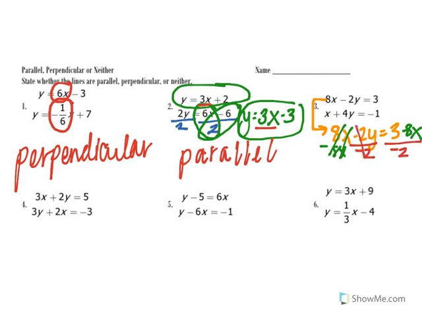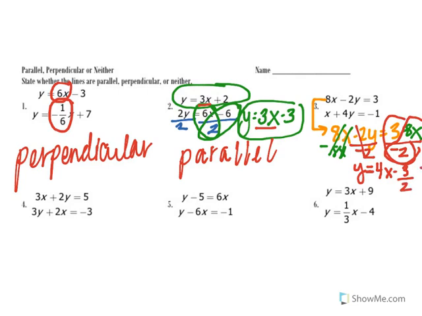So we're dividing. So y equals negative 8 divided by negative 2. It's going to give you positive 4, because a negative divided by a negative is positive. And then 3 divided by negative 2 is negative 3/2.